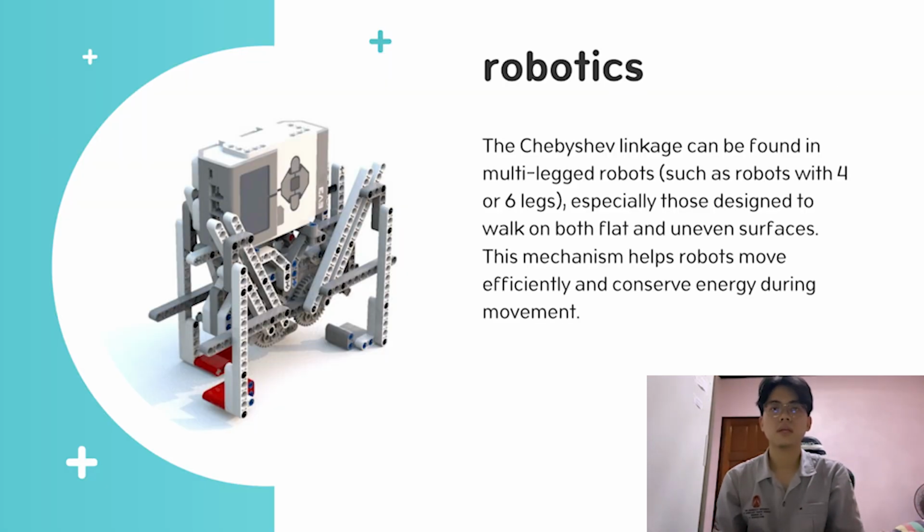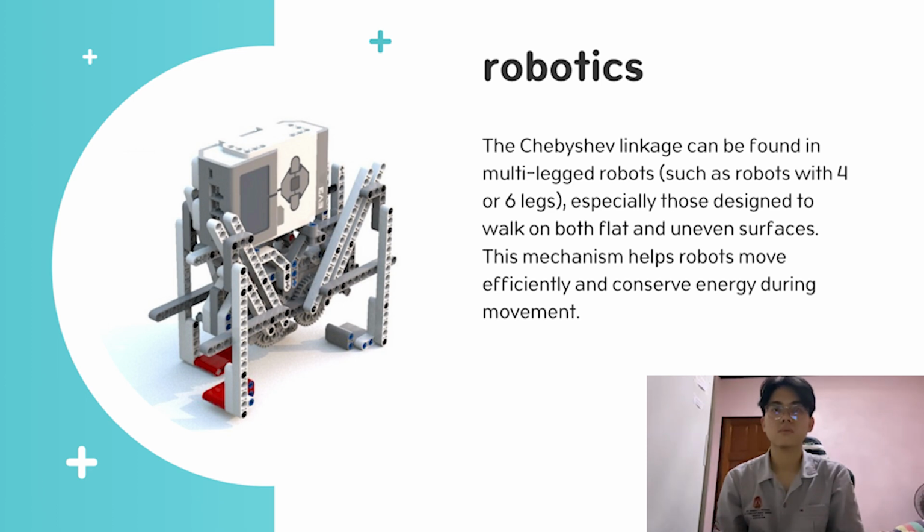The Chebyshev linkage can be found in multi-leg robots, such as robots with 4 or 6 legs, especially those designed to walk on both flat and uneven surfaces. This mechanism helps robots move efficiently and conserve energy during movement.